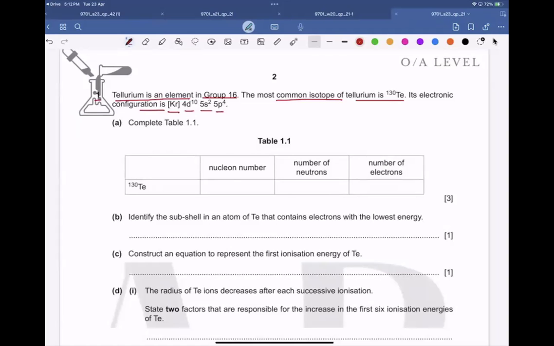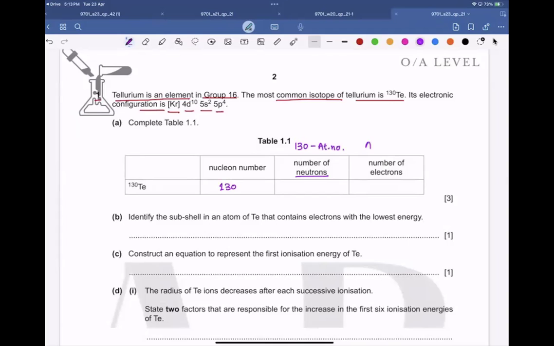Okay. They are asking for the nucleon number. So the value, this one is a nucleon number over here, 130. They are asking you the number of neutrons. So the number of neutrons is 130 minus the atomic number. So we have to look into the periodic table, and it is an atom.